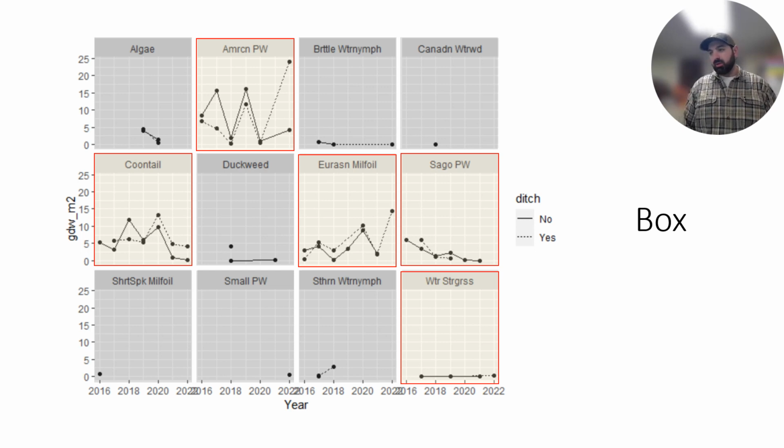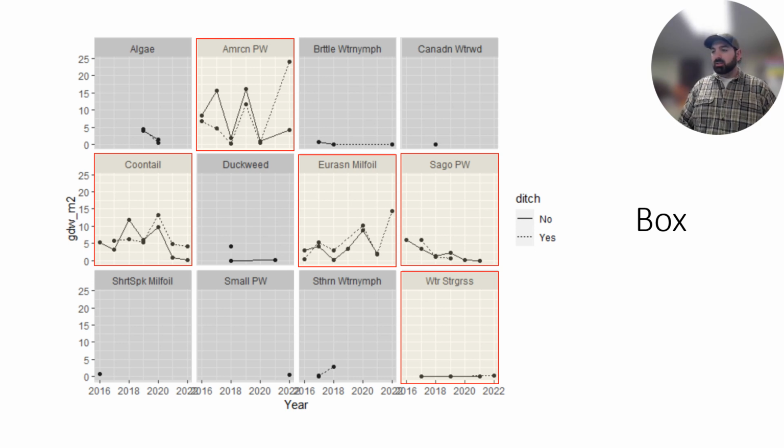American pondweed, coontail, and milfoil were much more abundant in ditches than in the rest of the system. Water stargrass was only found in ditches, as well as milfoil. Of course, sago, although it's present in most of these years, seems to be on the decline and also not present in 2022. Of course, that's visible with ditches or without.